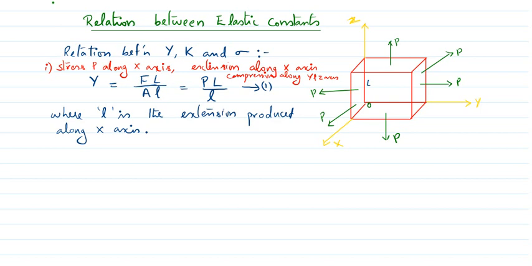From this equation we can write l = PL divided by Y. So this is equation number 2.